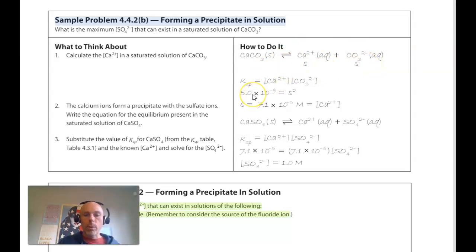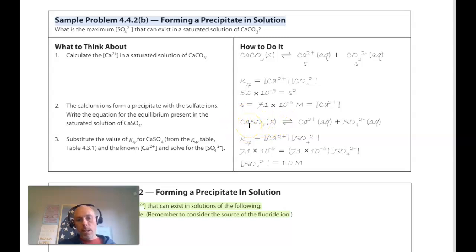So if we take the square root of the Ksp, take the square root of 5 times 10 to the minus 9, we get what the concentration of each of those ions would be in a saturated solution, which is 7.1 times 10 to the minus 5. And then in this problem, what we're supposed to know is that calcium sulfate is also a relatively insoluble salt, that the concentration of calcium ions from calcium carbonate could be plugged into the equilibrium expression for calcium sulfate.